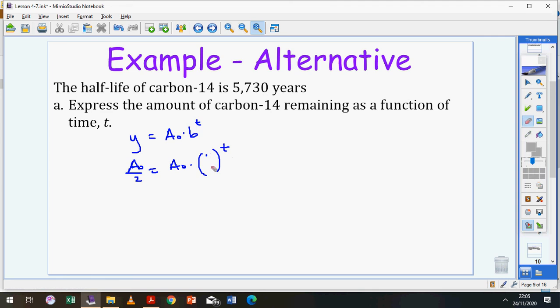I can calculate for the decay factor. So a naught cancels out, and then I'm left with 0.5 on this side because 1 over 2 is equal to k to the power t, which is 5730. If I introduce natural log to both sides, natural log 0.5 is equal to 5730 natural log k.